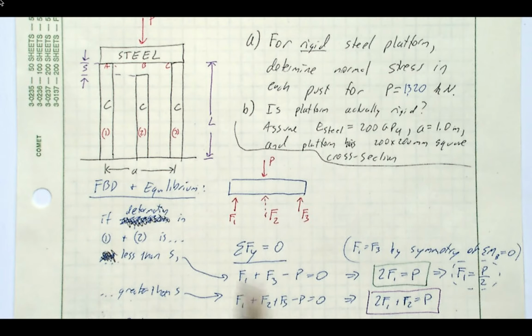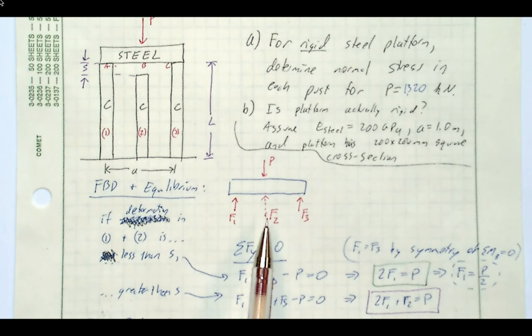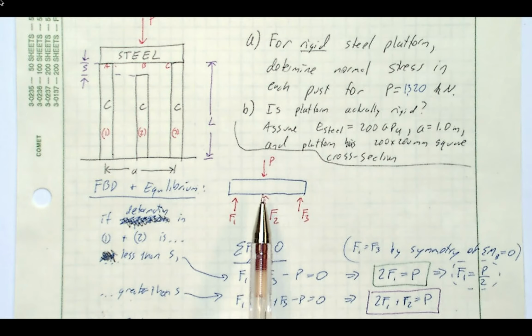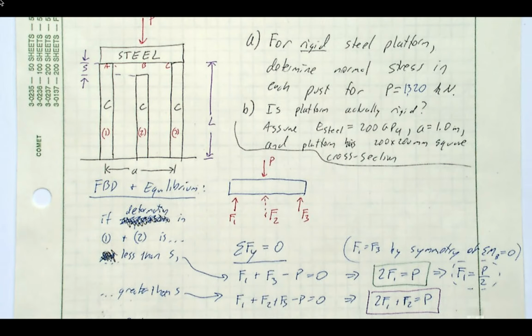However, you could also sum the moments about B, and we can see the sum of the moments about the B point here has no contributions from either the applied load or the force of the second post, if we have closed the gap. So from that too, we know that F1 must equal F3.